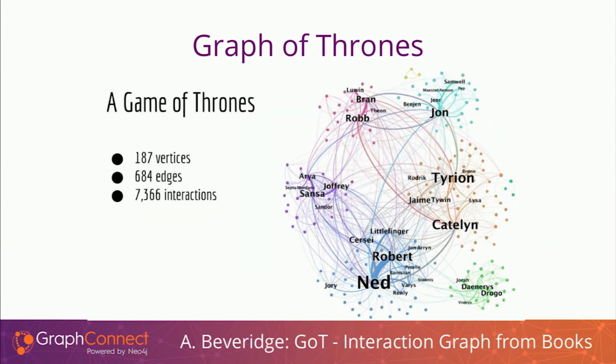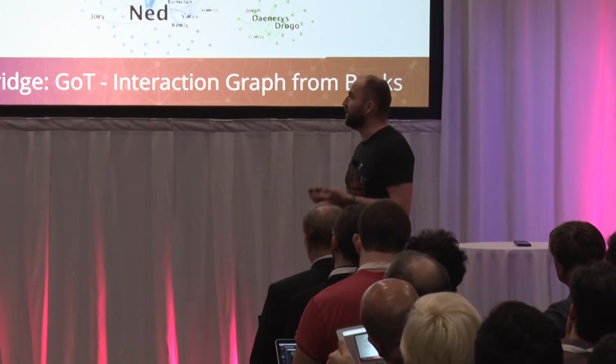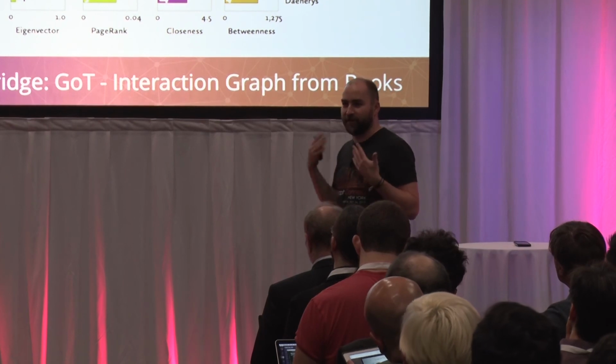So there's a lot of stuff in there. One of my favorite examples for this is the Game of Thrones interaction network, because this made me actually realize that there's information that we know. People that have read the books or seen the series know stuff about this universe, but by just applying graph analytics and stupid algorithms, someone who has no clue about Westeros can in the end infer the same information.